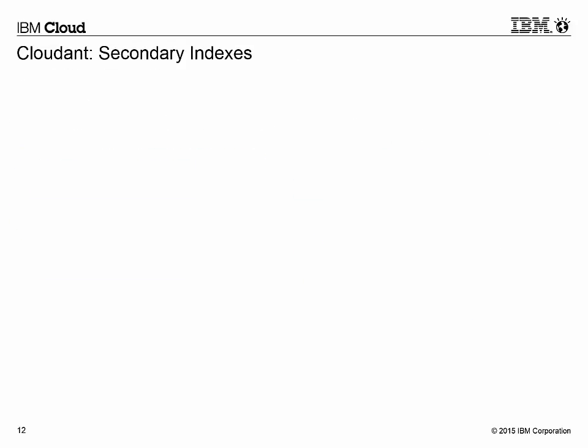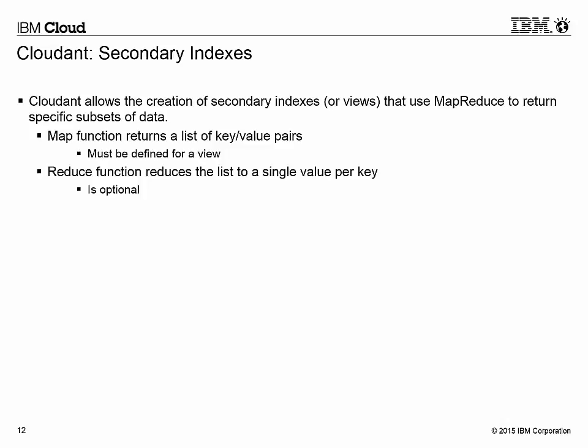Now let's look at secondary indexes. As we mentioned earlier, these allow you to do more sophisticated searches. In Cloudant, secondary indexes are developed using MapReduce, and as I mentioned, they allow you to return specific subsets of data that you define in the index code itself.